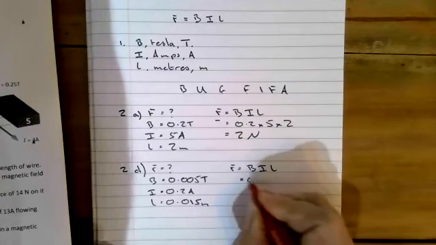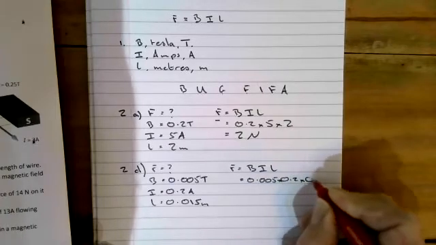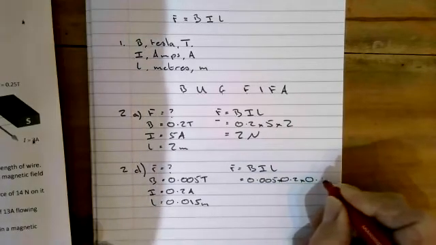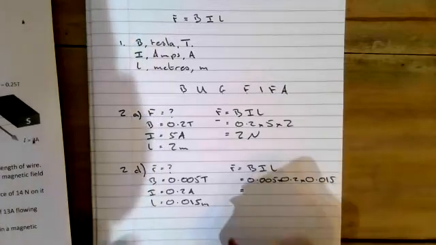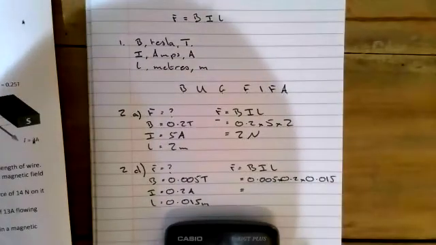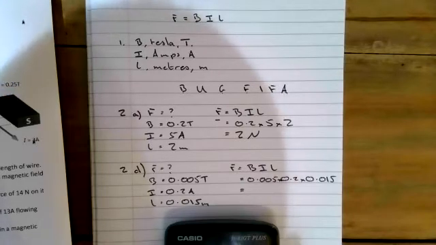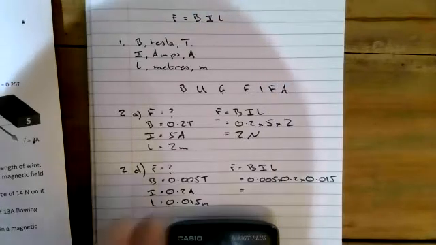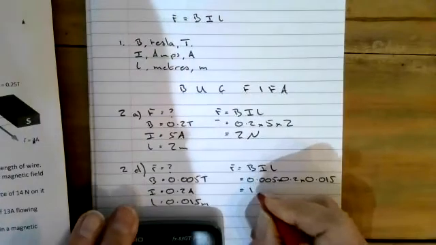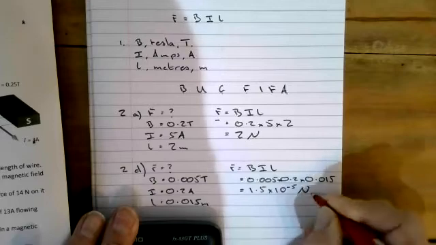Insert my numbers: 0.005 times 0.2 times 0.015. So multiply all these together, and that will give me a very small number. It's actually equal to 1.5 times 10 to the minus 5 newtons.